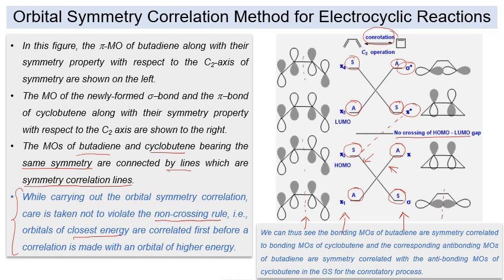So what we can conclude is that the bonding molecular orbitals of butadiene are symmetry correlated to the bonding molecular orbitals of cyclobutene, and the antibonding molecular orbitals of butadiene are symmetry correlated with the antibonding molecular orbitals of cyclobutene in the ground state for the conrotatory process. Okay, so this will be a thermally permitted situation.